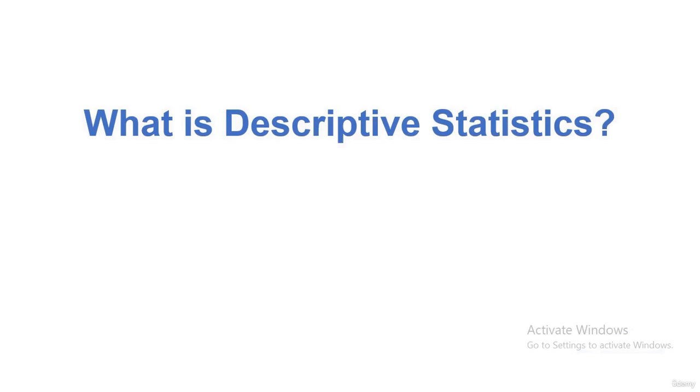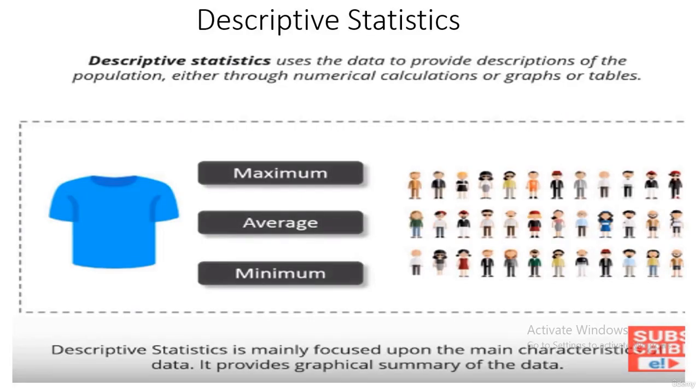So what is descriptive statistics? Descriptive statistics uses the data to provide descriptions of the population, either through numerical calculation or graphs or tables. Here we are taking an example of a t-shirt. This is mainly focused upon the main characteristics of data.